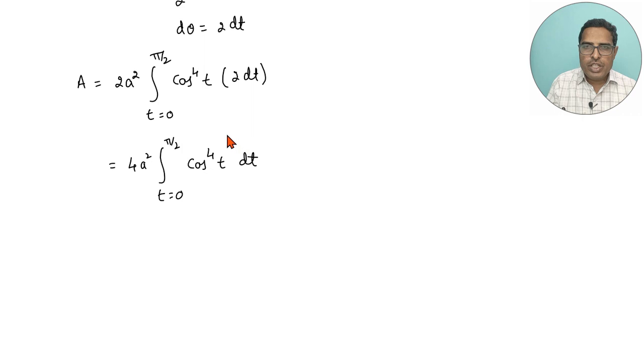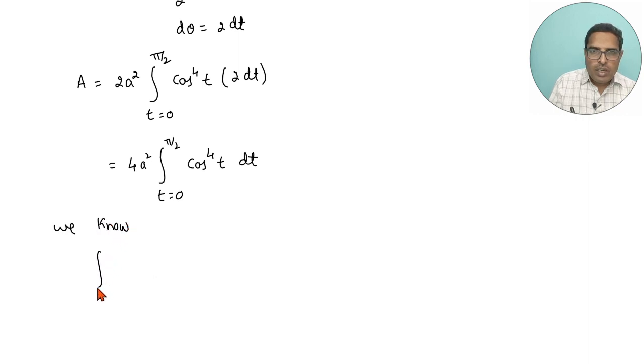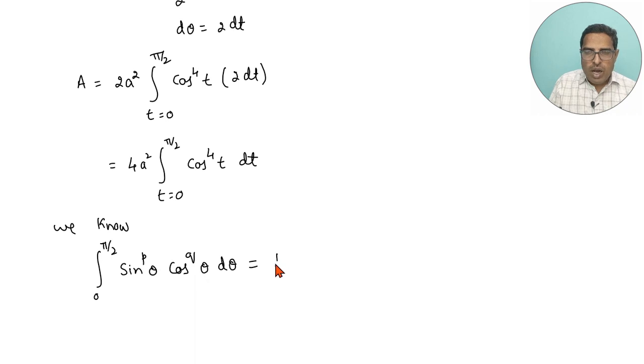We can integrate this integral by using the beta function. We know this formula: integral 0 to pi by 2 of sine power p theta into cos power q theta into d theta is equal to half times beta of p plus 1 by 2 comma q plus 1 by 2.